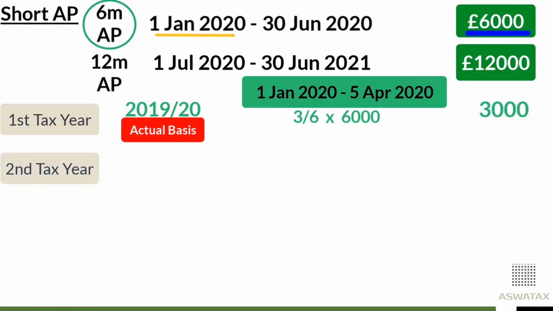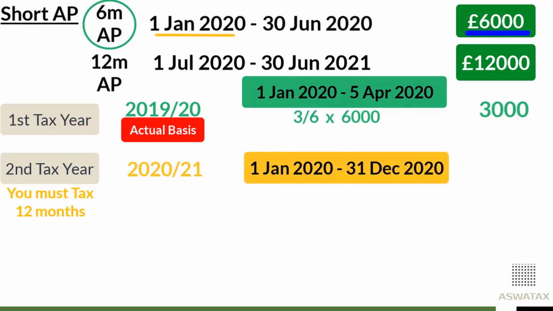The second tax year would be 2021. Okay, however, we do have an accounting period ending in the second tax year, 30th June 2020, 6 months to 30th June 2020. However, the rules say that you must tax 12 months in the second tax year. So we have 6 months, we have a bit of an issue, we have to take 12 months.